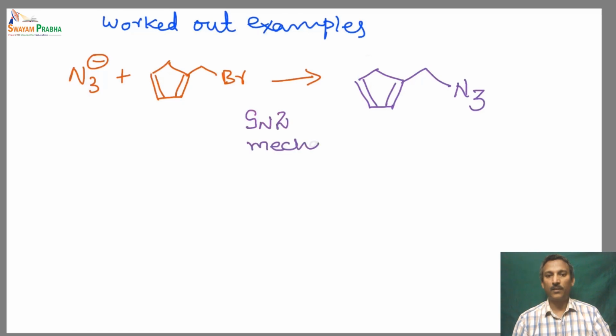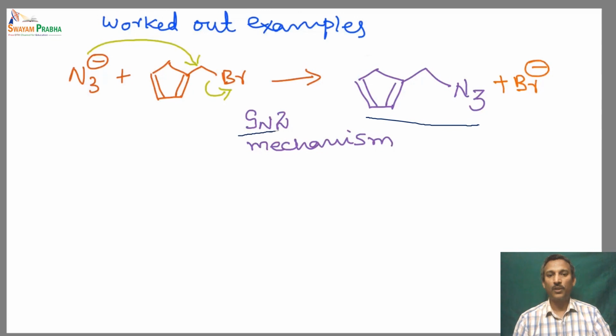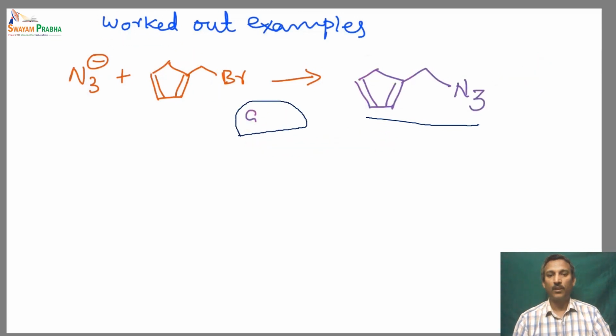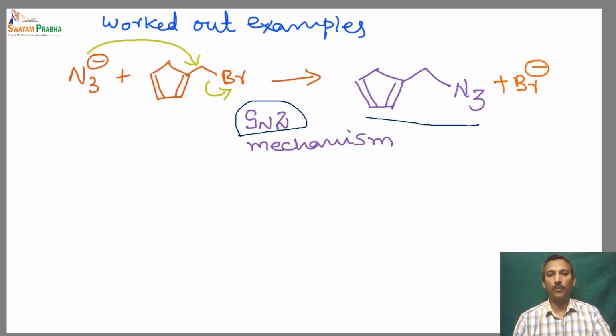The obtained product is an azide, and the reaction proceeds through the SN2 mechanism. The nucleophile azide anion attacks the carbon with concomitant removal of the bromide anion. This is how the reaction proceeds, by the SN2 mechanism.